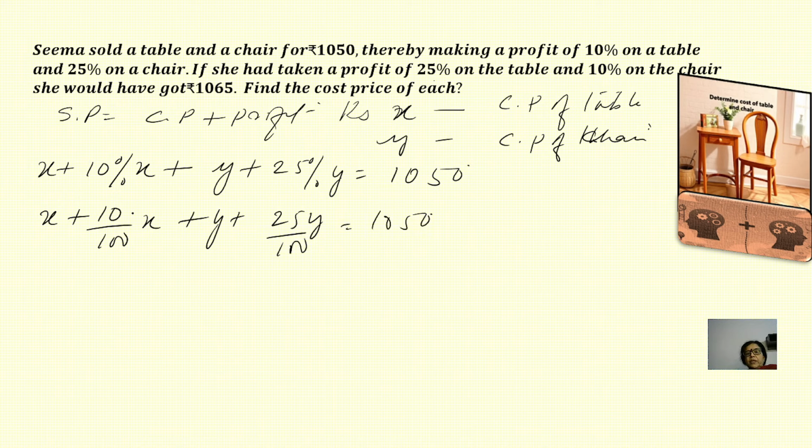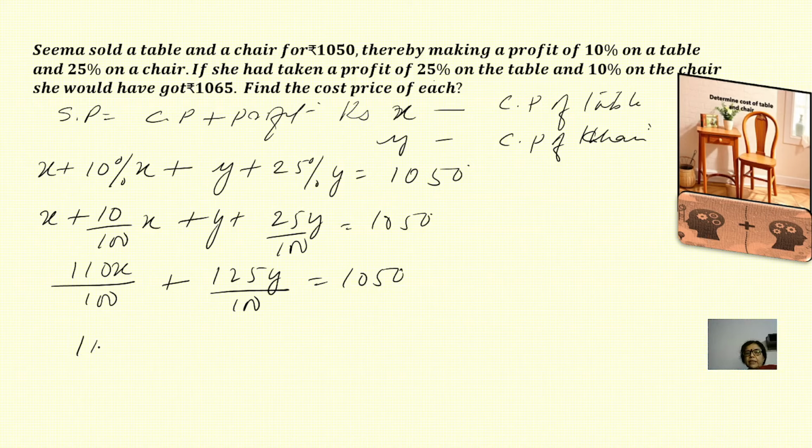Now, supposing we take the X terms together, we get 110X/100 plus 125Y/100 is equal to 1050. Take the LCM, transfer the 100 to the right hand side. So 110X plus 125Y is equal to 1050 and 2 more zeros. So this is your first equation.